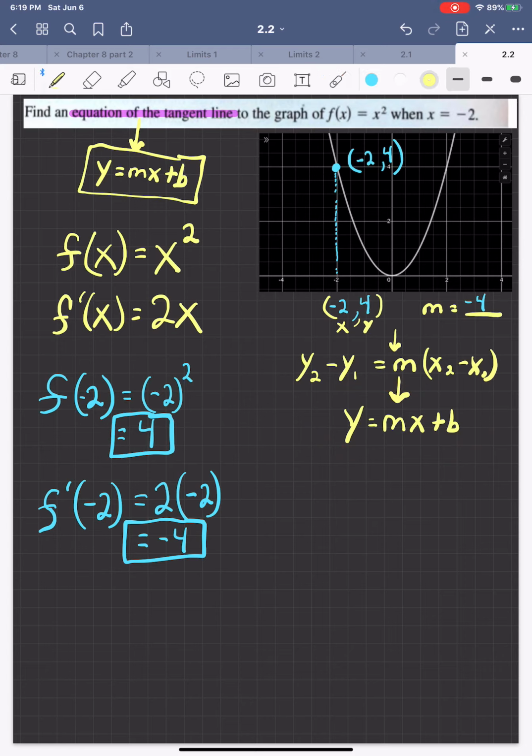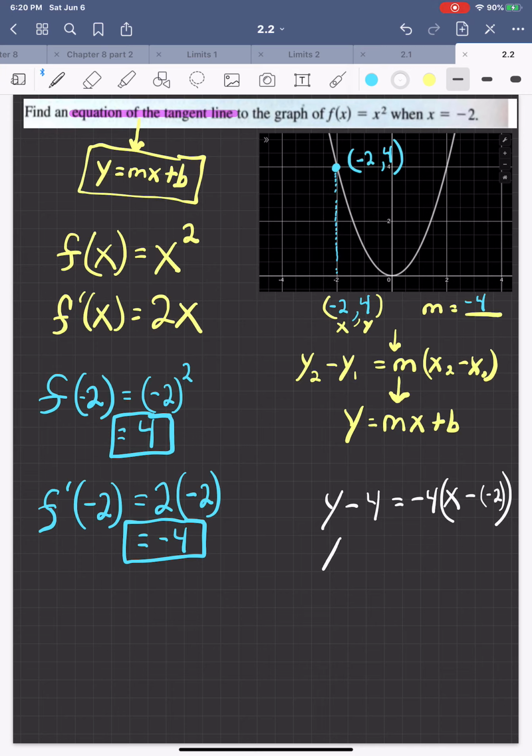Plugging in my point and my slope leaves me with y minus 4 is equal to m, which is negative 4, multiplied by x minus, now that's minus negative 2. So that double negative, right? It's like your mom saying you cannot not go to the movies, right? That negation means that we're going to have a positive x plus 2.